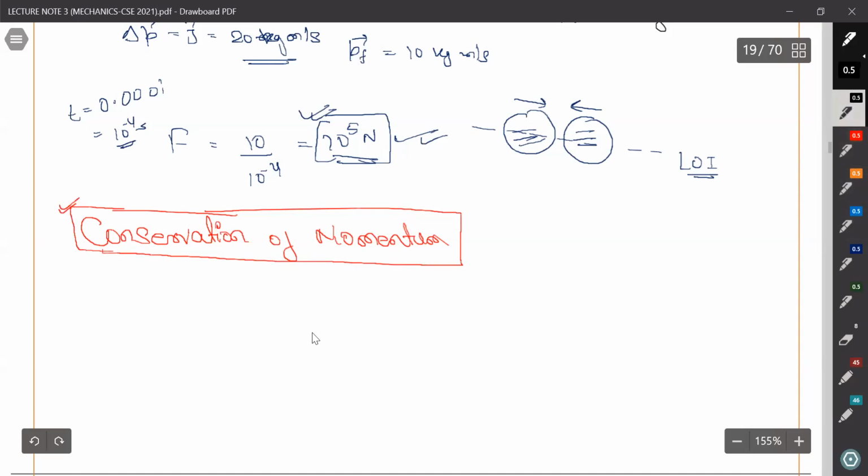Before discussing conservation of momentum, I want to tell its importance. It is so basic in nature that we will derive it from Newton's law, but it is applicable there also where Newton's laws are not applied, right?